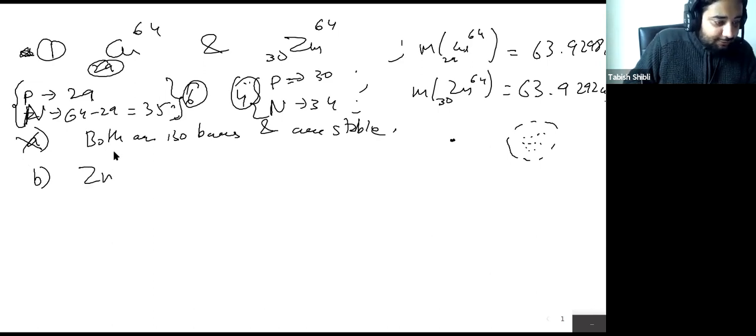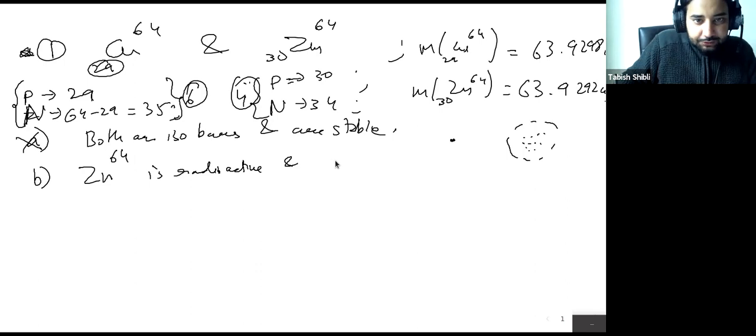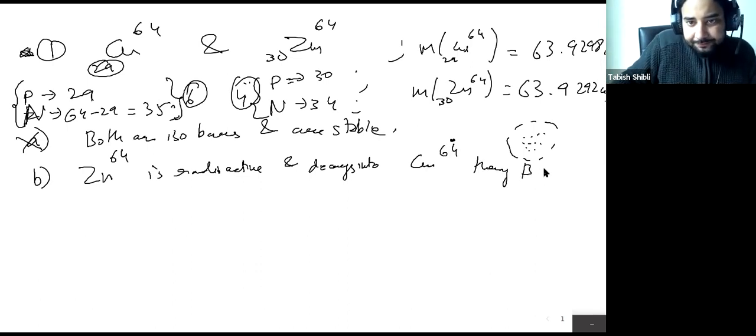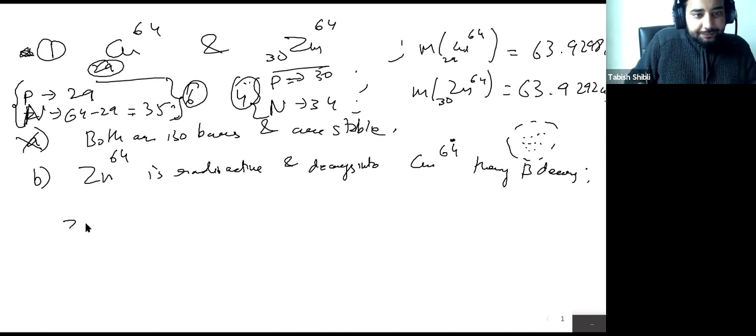What about part B? Zinc 64 is radioactive and decays into copper 64 through beta decay. What is zinc? Zinc is 30, 64.